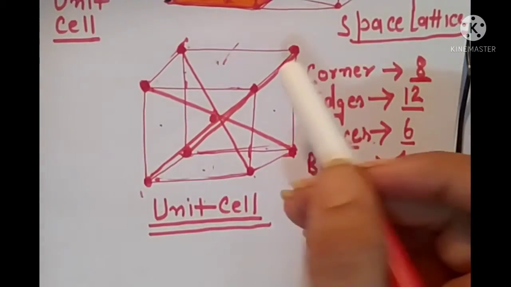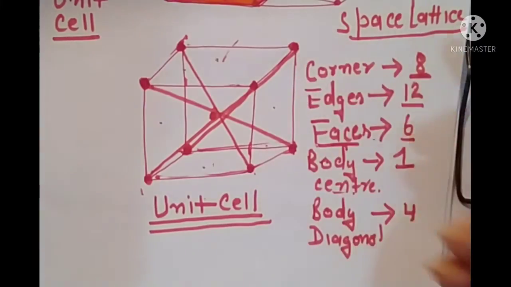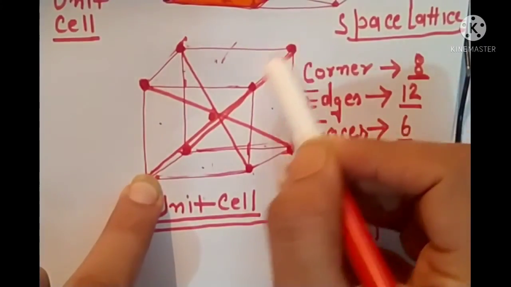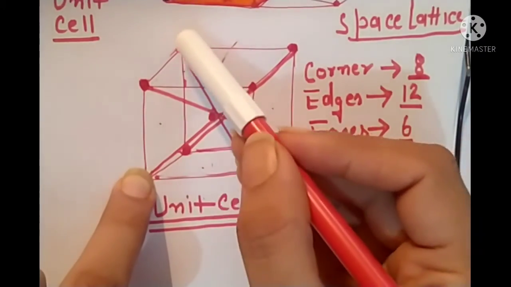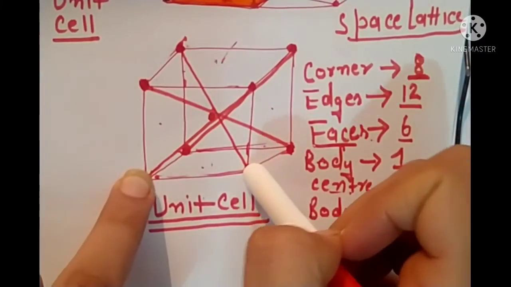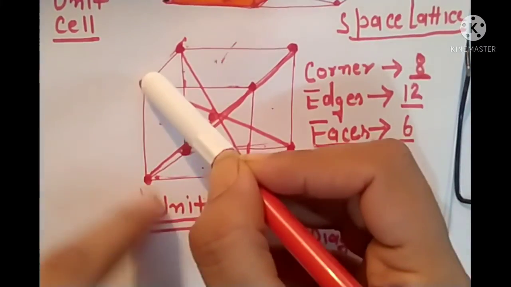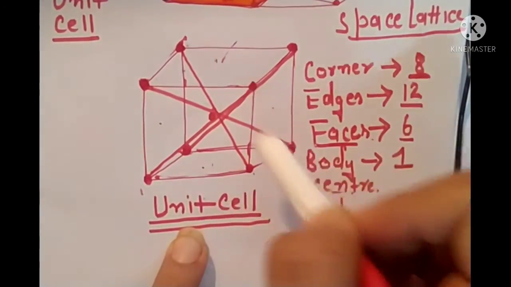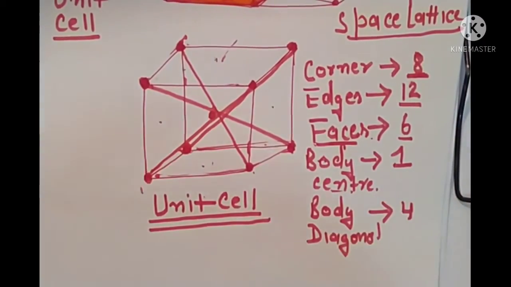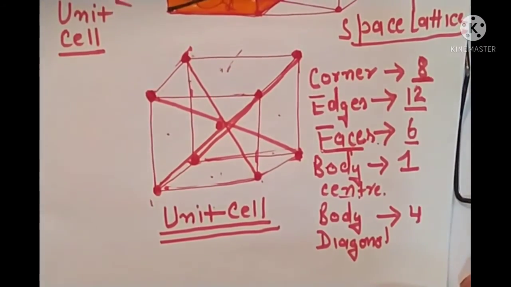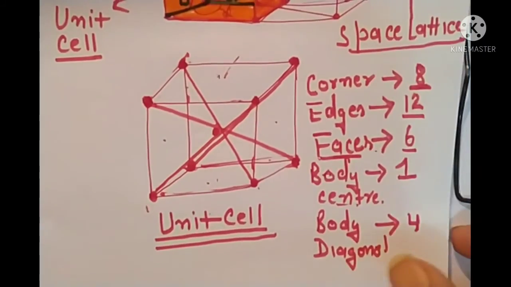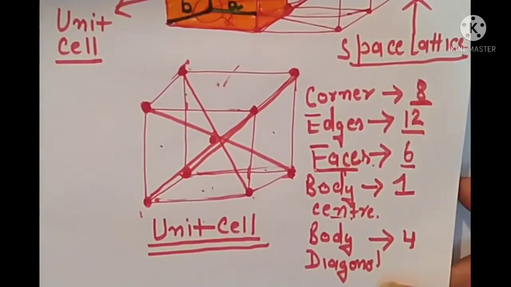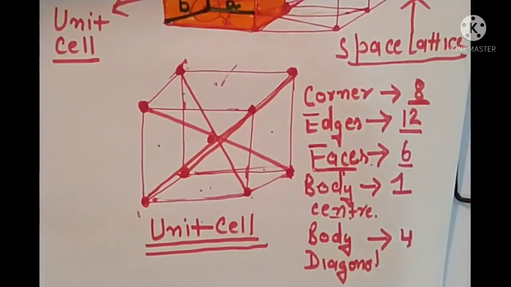Here the number of body diagonals is 4. From this point to this point there is one body diagonal, from this point to this the second, this point to this the third, and the fourth. These are the diagonals. So today we have discussed the crystal lattice and unit cell. Okay, thank you.